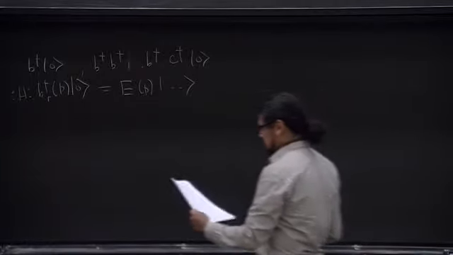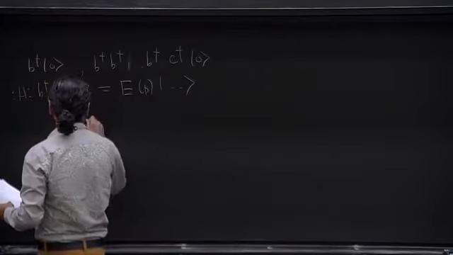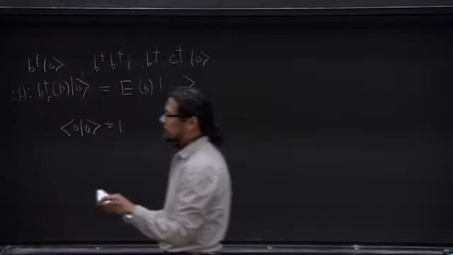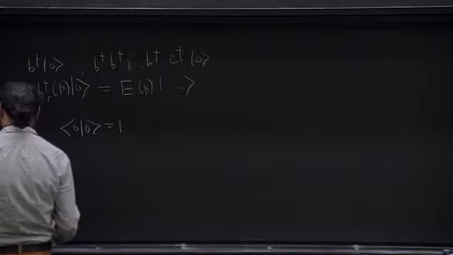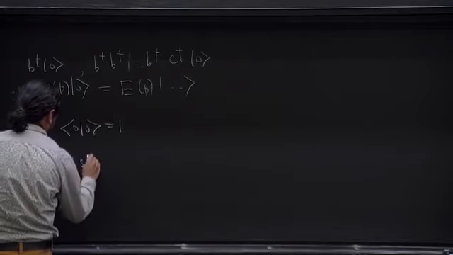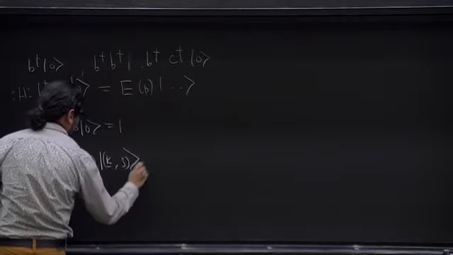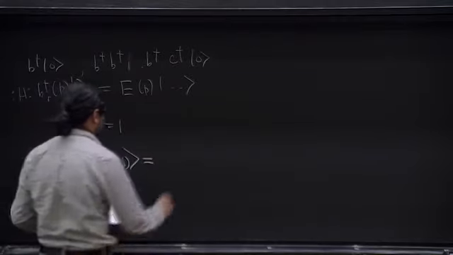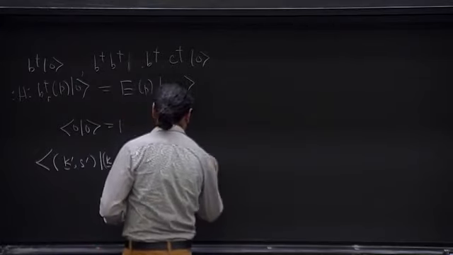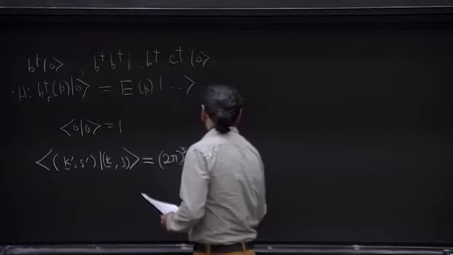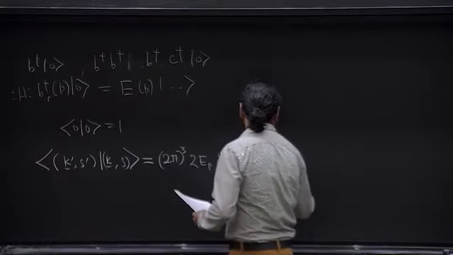I don't have time today, but I was going to give an exercise: assuming this is equal to 1, it's an easy exercise to show that the inner product between two states, just by using the anti-commutation relationship, is something positive, okay?